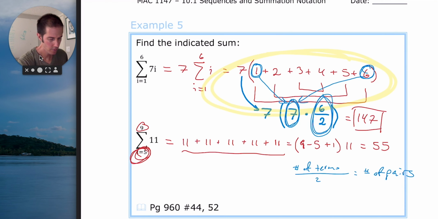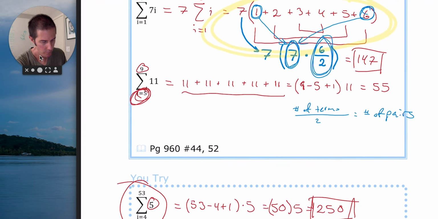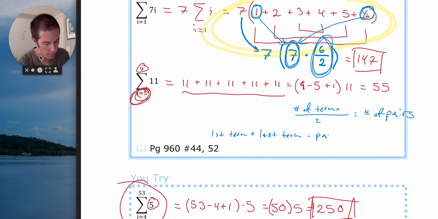So, first term plus last term equals pair value. Right, the value of each pair. Instead of writing pair value, you could write value of each pair.